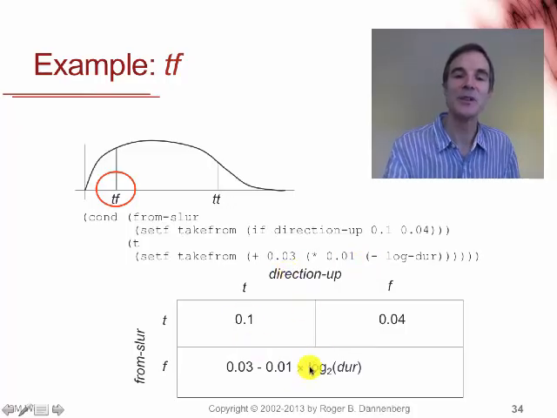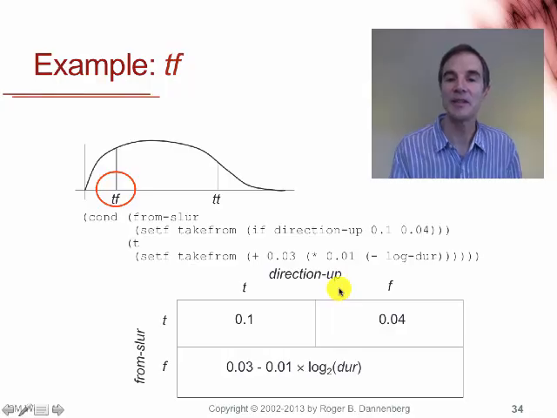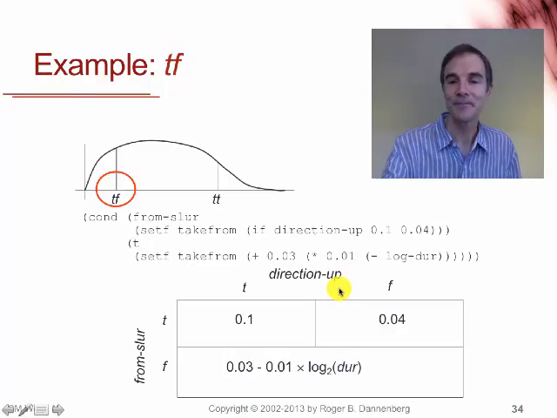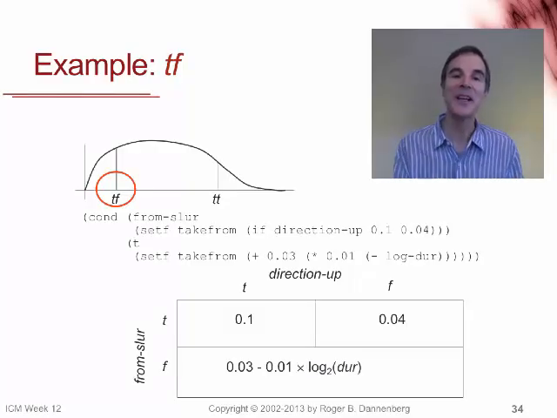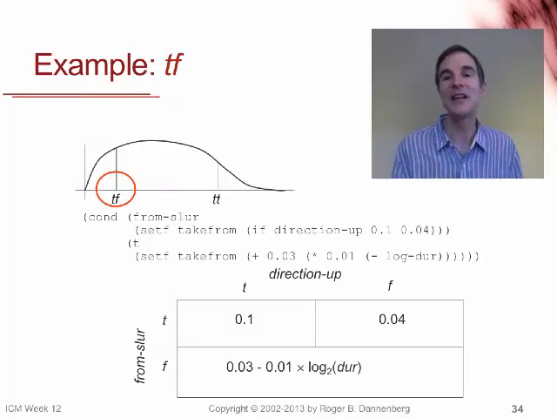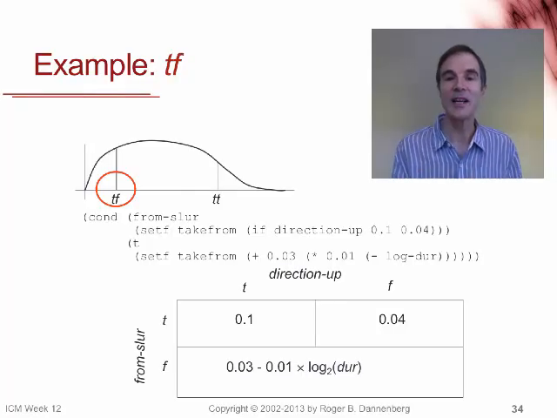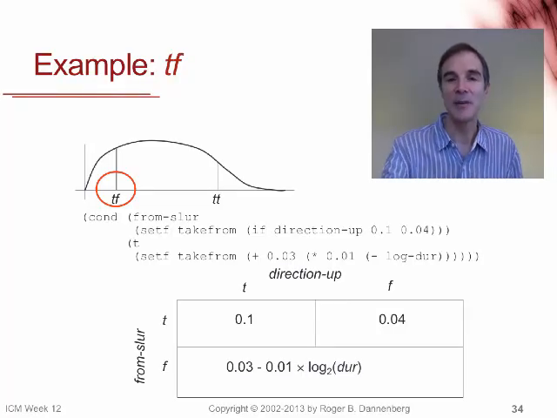Okay, here's a table describing how this take from parameter depends on whether or not we're coming from a slur and whether the pitch direction is up or not. The details of this don't matter. The important thing about the method is that we look at the context and we write some equations for each context to describe each parameter.